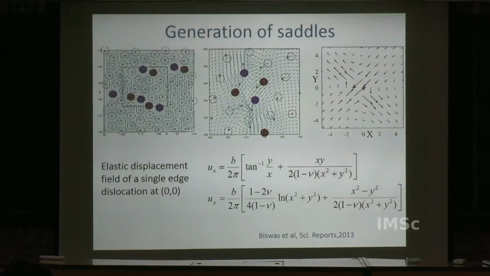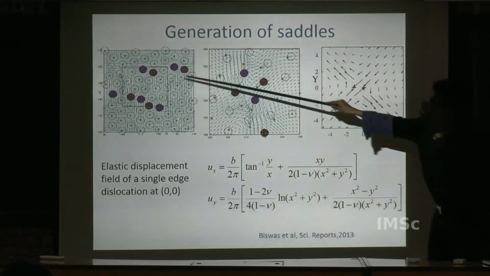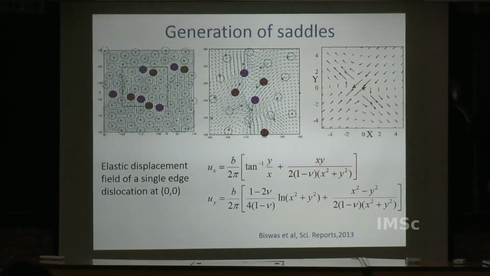So, I will just go back here. What I just told you is that these are the defects. We tracked the emergence of a particular saddle type of structure in time.